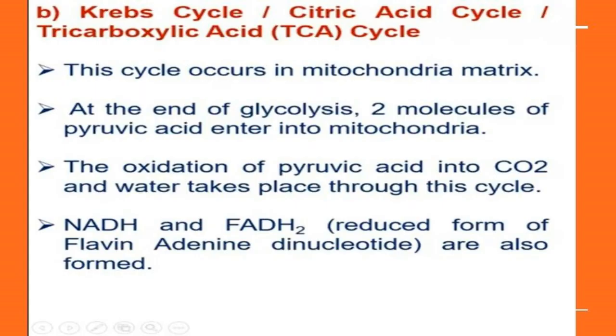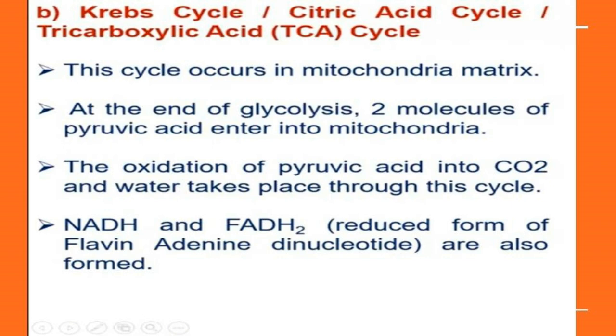The second stage of aerobic respiration is the Krebs cycle. Otherwise, it is called the citric acid cycle and tricarboxylic acid cycle, TCA. This cycle occurs in the mitochondrial matrix. At the end of glycolysis, 2 molecules of pyruvic acid enter into mitochondria.